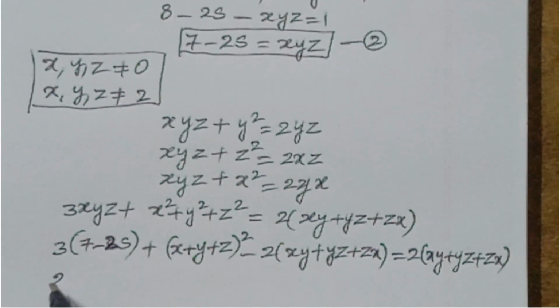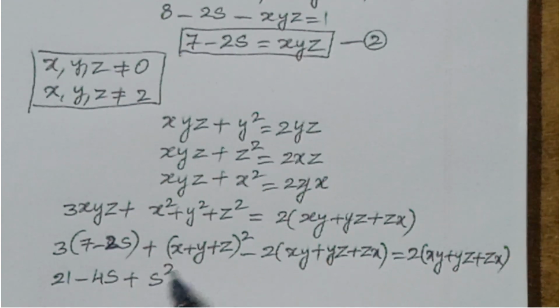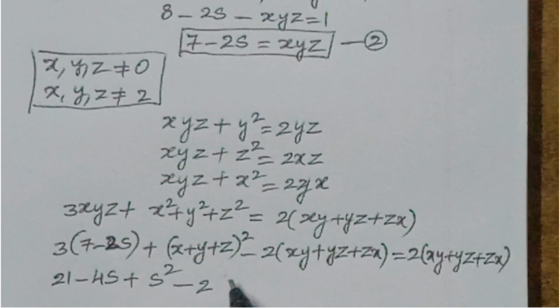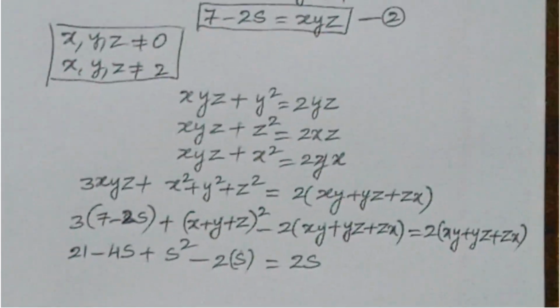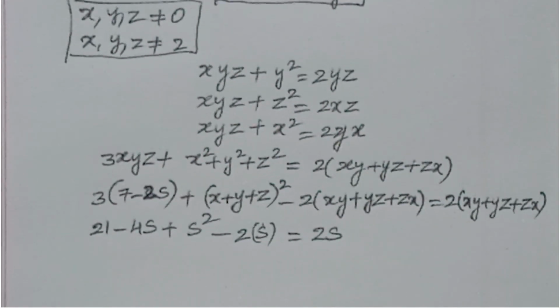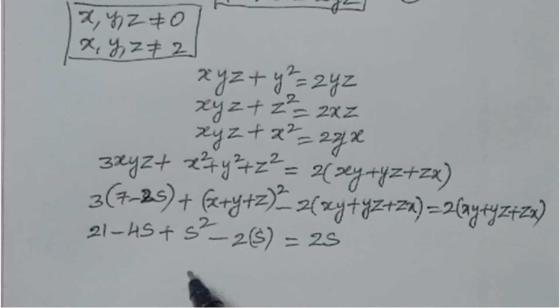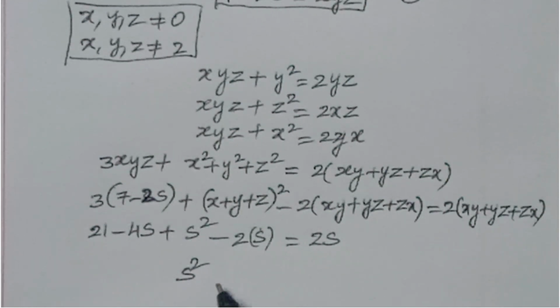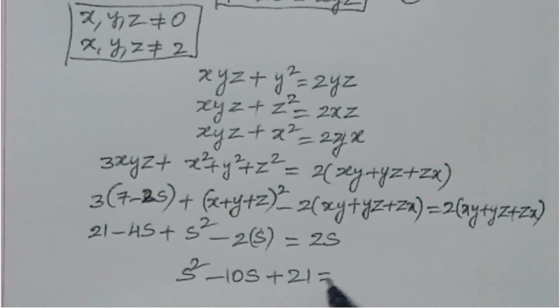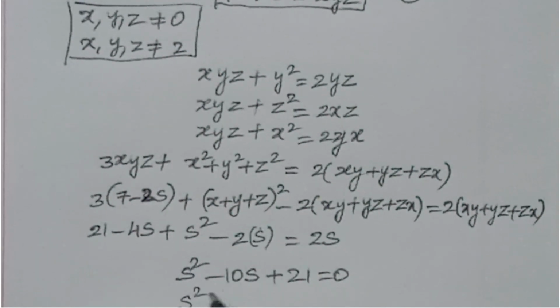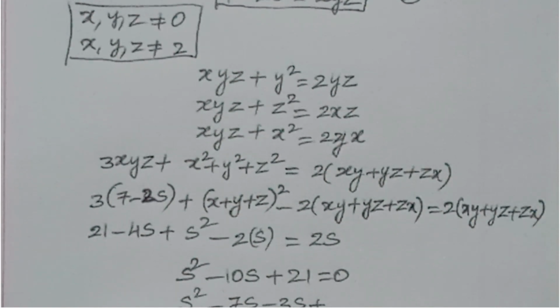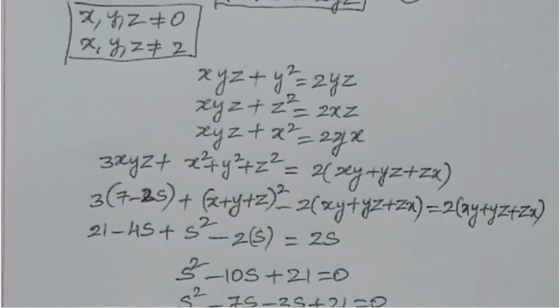So here 21 minus 6S plus S square minus 2S is equal to 2S. Now here you will get a quadratic in S: S square minus 10S plus 21 equal to 0. S square minus 7S minus 3S plus 21 equal to 0.